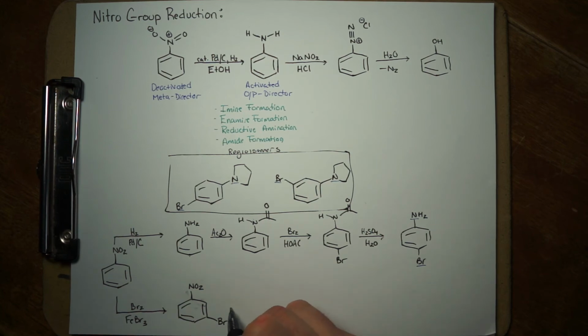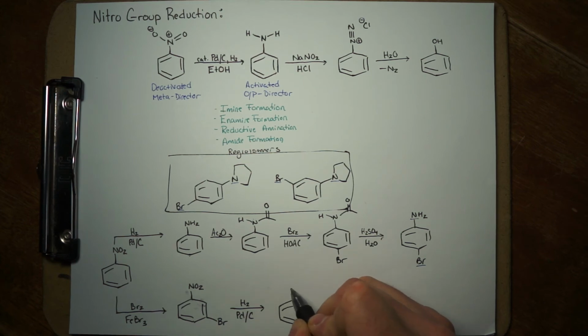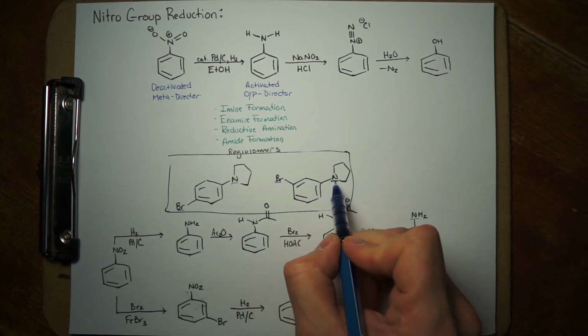Once we have that bromine in position, then we can reduce the nitro group down to the amine with hydrogen on palladium. All right, and so now we have our second compound almost, and you can see that we set the relationship between the nitrogen and the bromine, just like we have up here, okay?